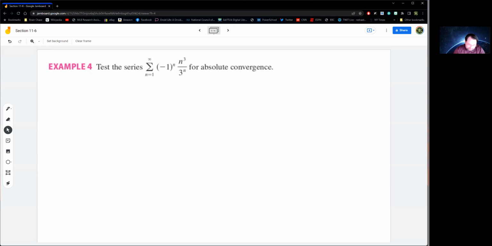So again, since we're doing the absolute value, my -1 piece disappears. So I don't have to actually worry about that -1 piece at all. So an, I'm just going to use as n to the third over 3n.